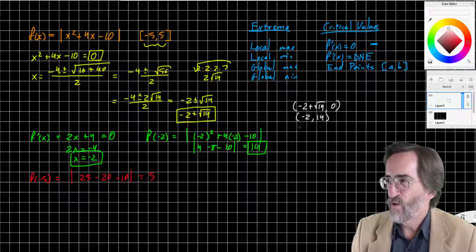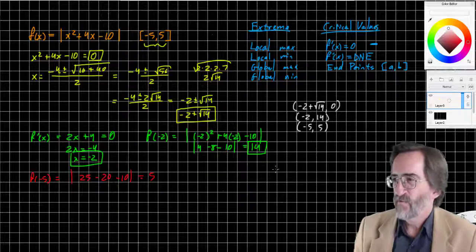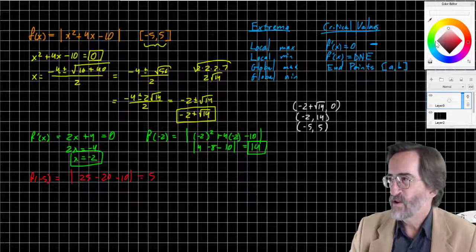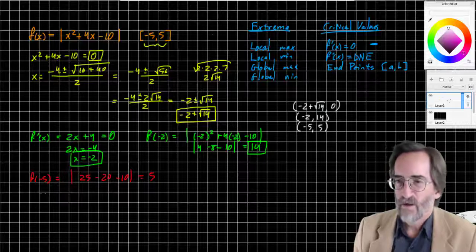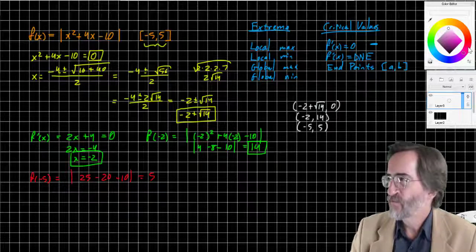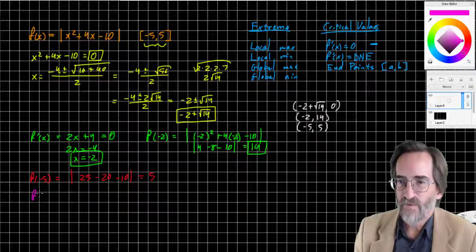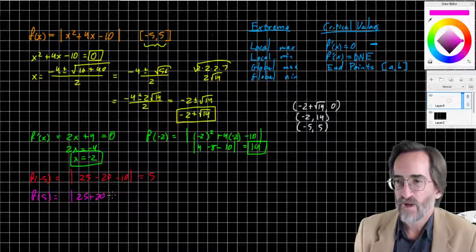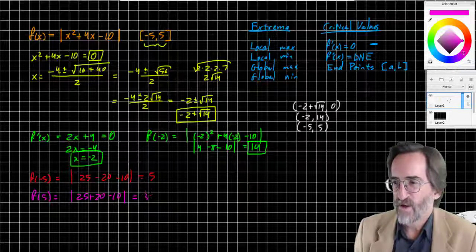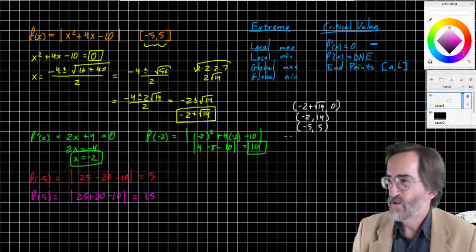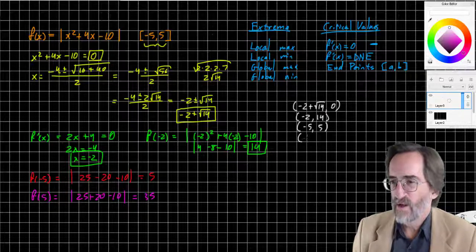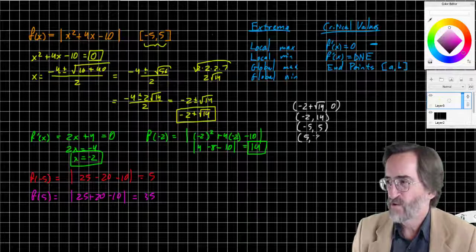That corresponds to the point (negative 5, 5). Then let's check the other boundary, f of positive 5. F of positive 5 is 5 squared, which is 25, plus 20, minus 10. 25 and 20 is 45, less 10 is 35. That corresponds to the point (positive 5, 35).